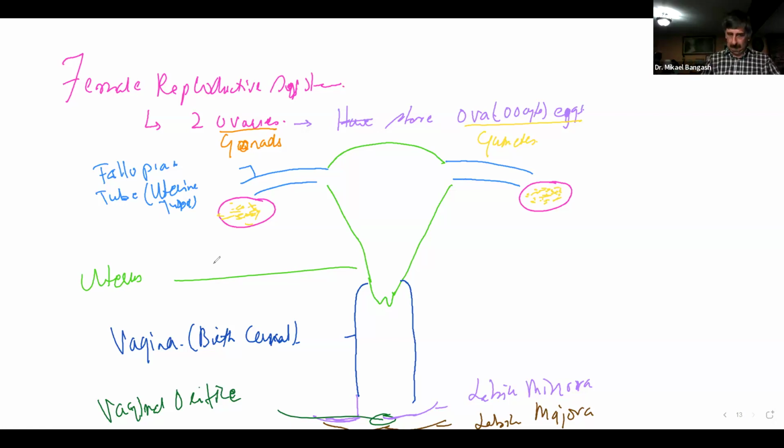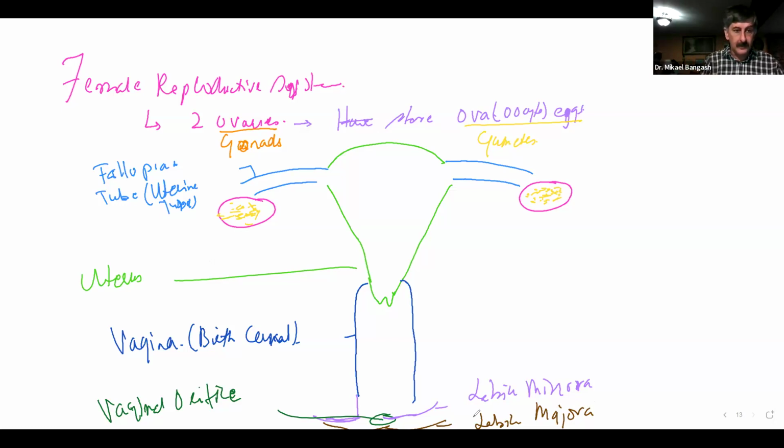So they're not going to be in a separate structure, like the testes were in a scrotum. What in the male became the scrotum is what in the female we refer to as the labia majora.